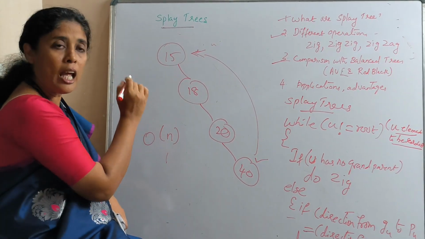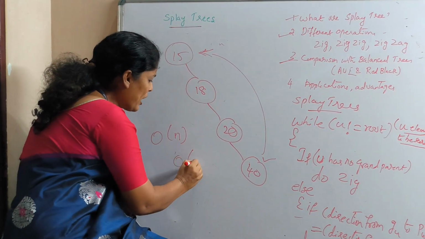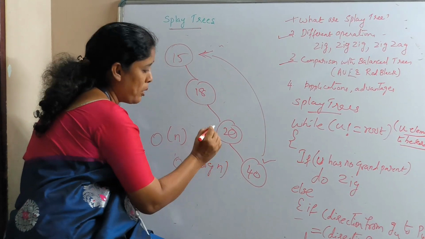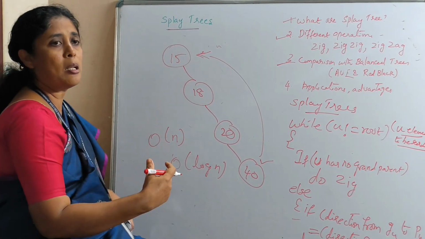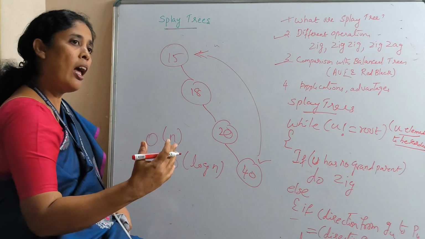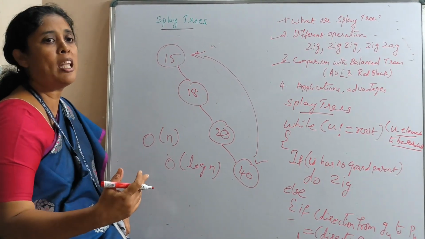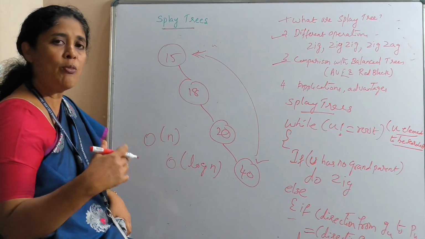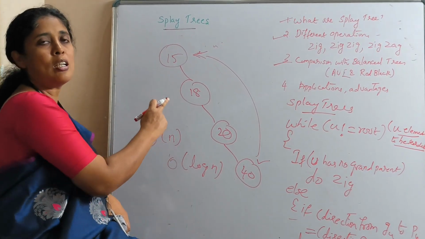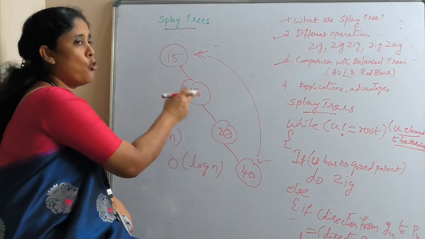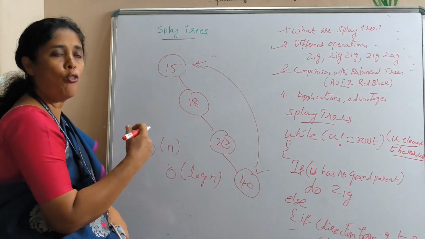So the time complexity of the SPLAY trees will be order of log n, because at the first access of the element it will be n, and in frequent operations when we search for the same element, it will be only 1, because splaying is done, that element is brought to the root and it is easier to access the element frequently.